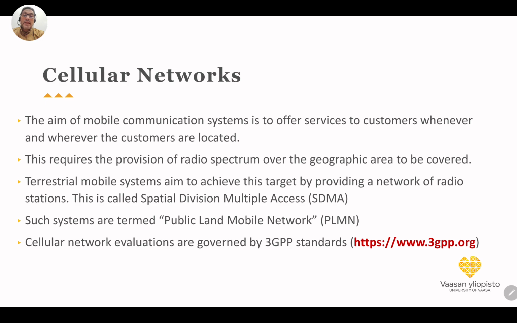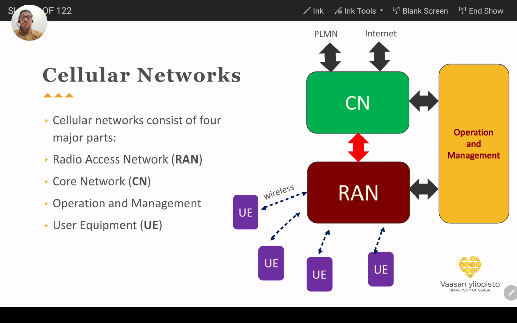This is called spatial division multiple access. Such systems are termed, at least in the old names, public land mobile network. The cellular network evolutions are governed by the 3GPP standard, as we will see in more detail later.